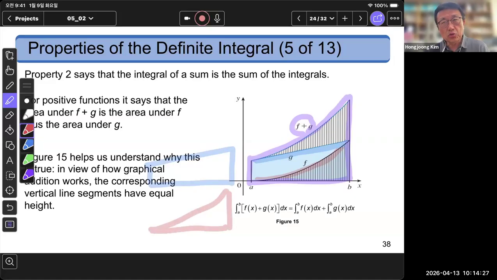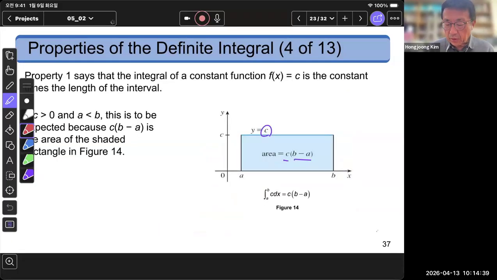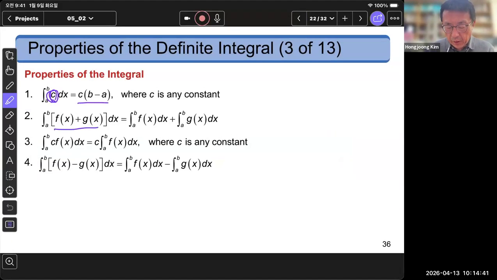If you add these two, you get the purple one, because this area in the red one is the same as here. So that means the integration of f plus g will be the sum of the integration of f and the integration of g.